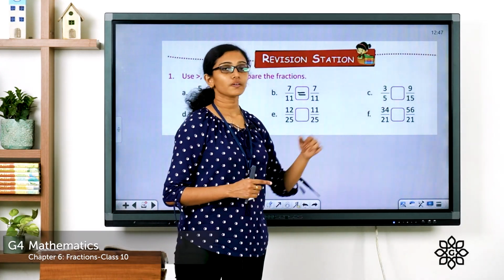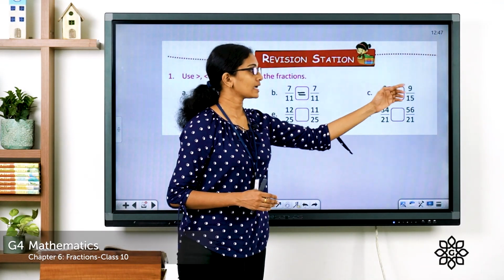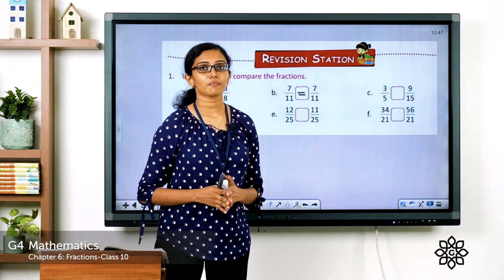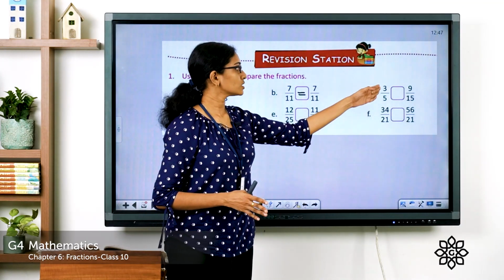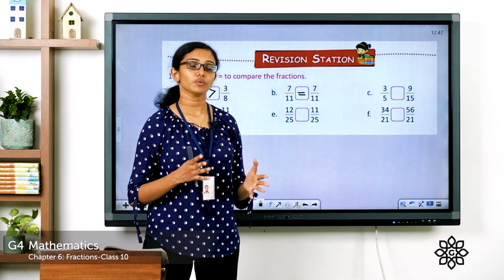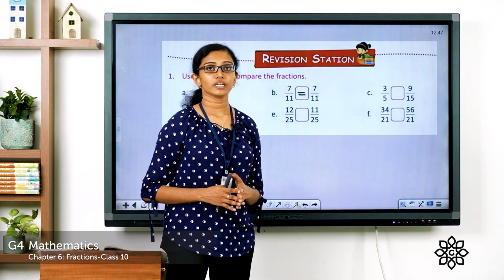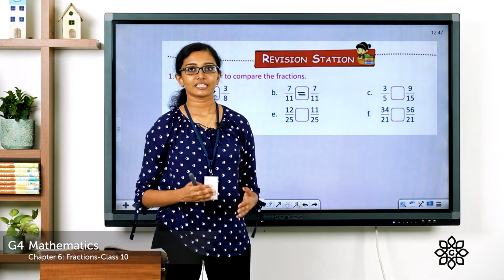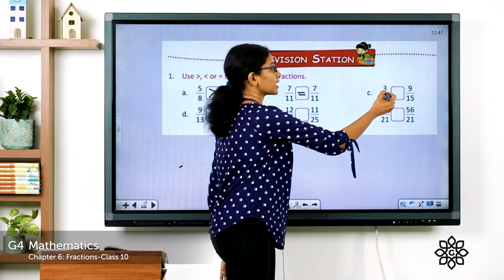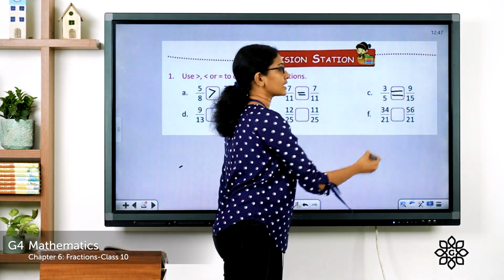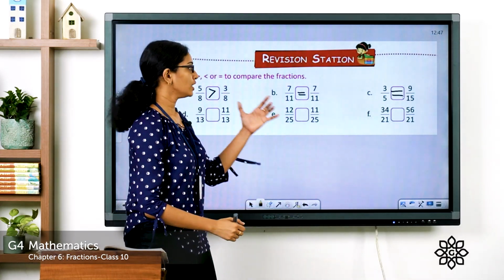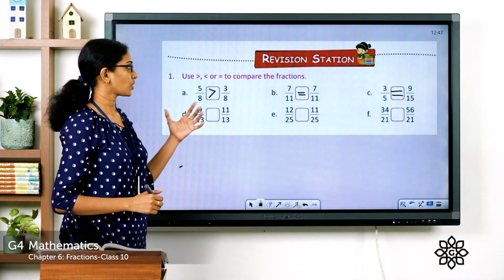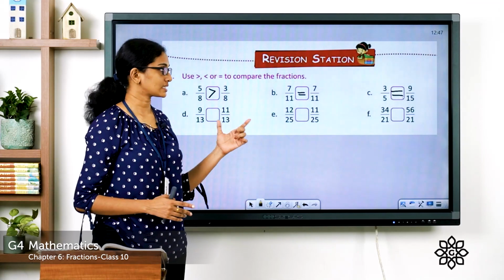So, in the fraction on the right, the numerator and the denominator are being multiplied by the same number to get this fraction from 3 by 5. Which means 9 by 15 is an equivalent fraction of 3 by 5. Since they are equivalent fractions, you can put the equal to symbol in this box. Similarly, you can complete the rest of the questions from this exercise.